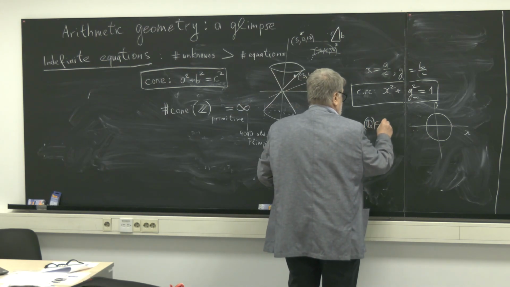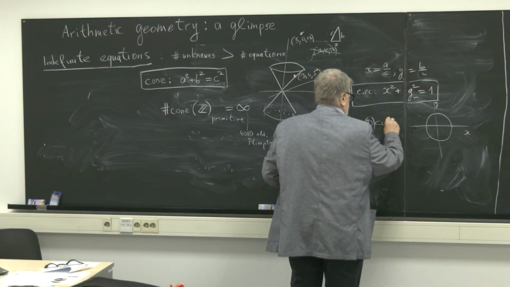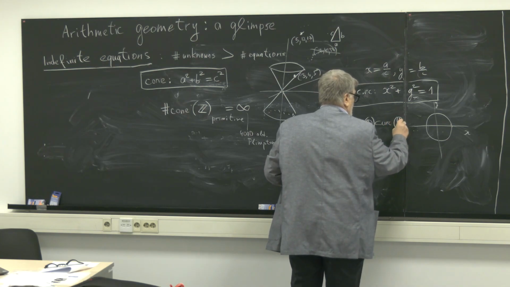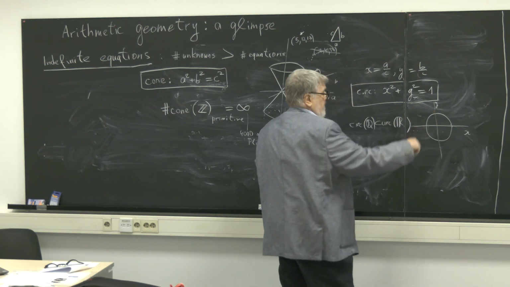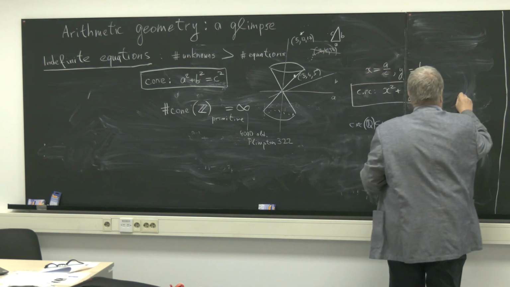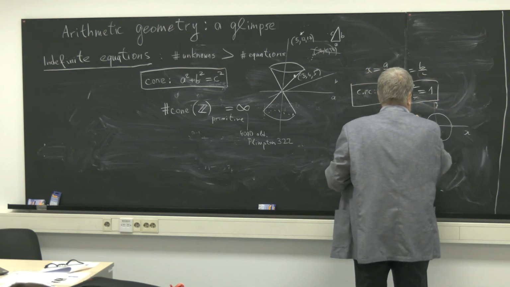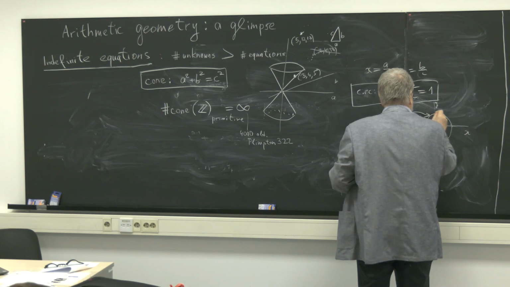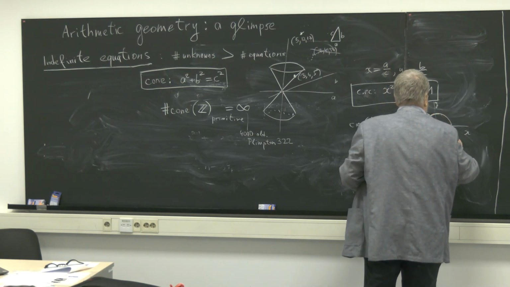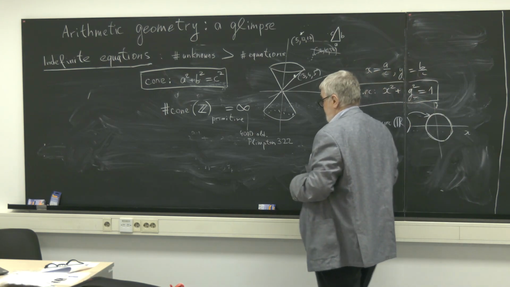So it sits in the circle of R, and what we really draw here is the circle of R. This is what we call the circle.